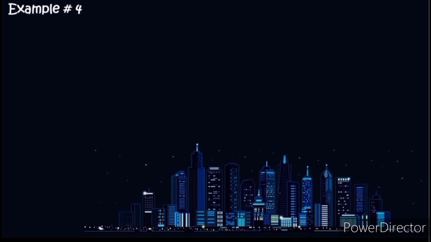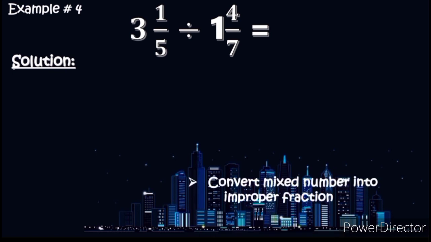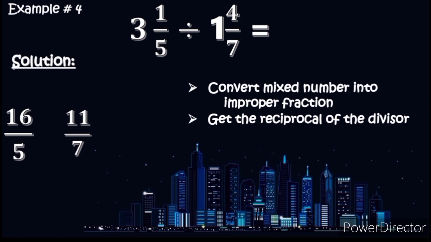Example number 4. 3 and 1 over 5 divided by 1 and 4 over 7. First, we have to convert the mixed numbers into improper fractions. 3 and 1/5 will become 16 over 5. 1 and 4 over 7 will become 11 over 7. Get the reciprocal of the divisor. It will become 7 over 11.